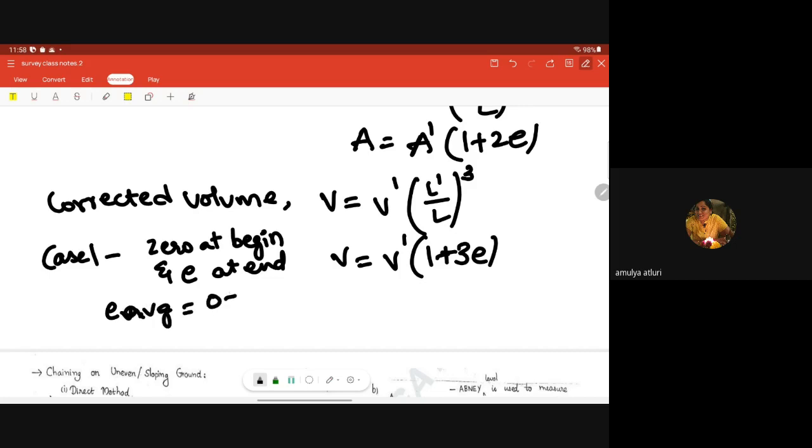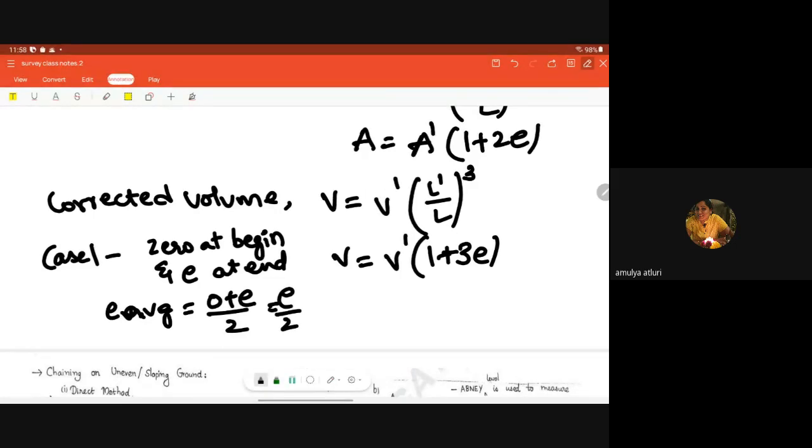That is equal to 0 plus E by 2, E by 2. Okay. When there is 0 error at the beginning and we have error E at the end, then we need to consider average error in the calculation.